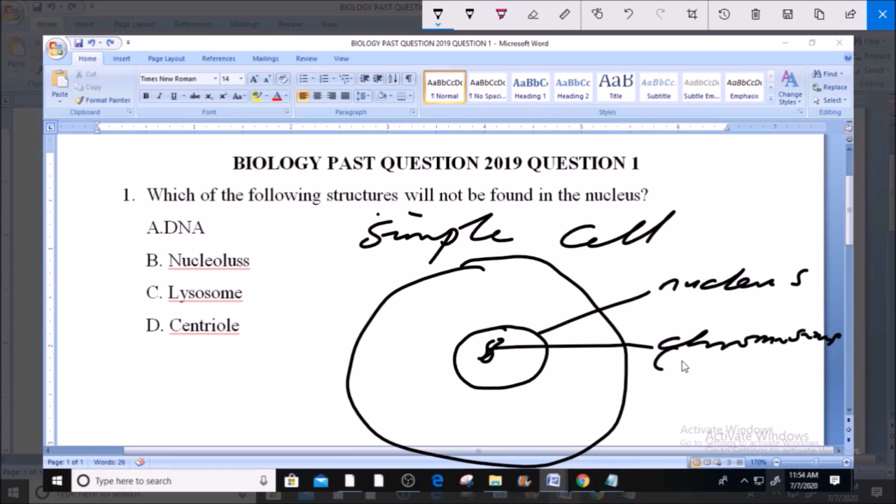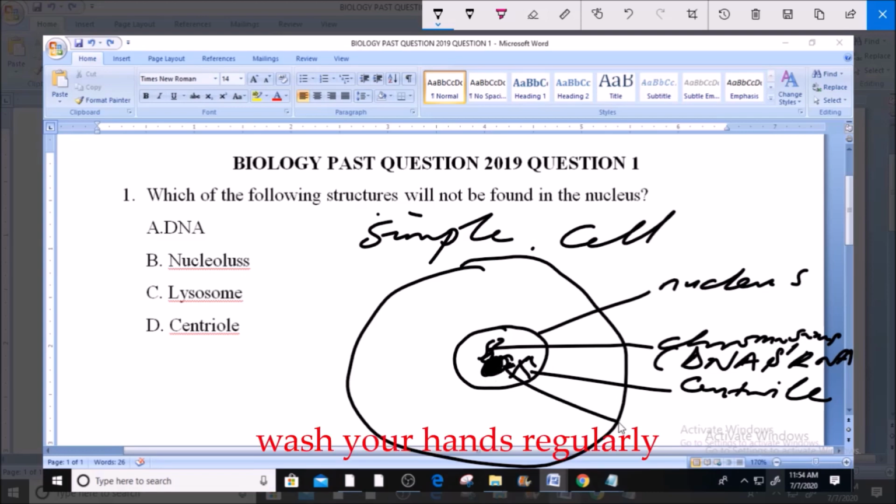Now these chromosomes contain DNA and RNA. We have centrals, and we have the nucleolus.